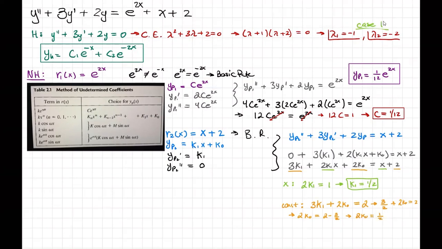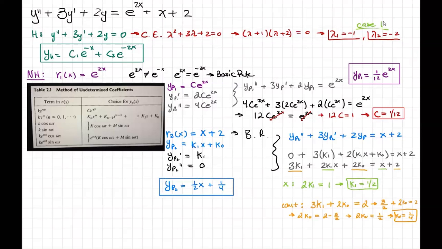And to get rid of that 2, we have that k0 will be equal to 1 over 4. So then we have our second yp right here. So my yp2 is equal to 1 half x plus 1 over 4.